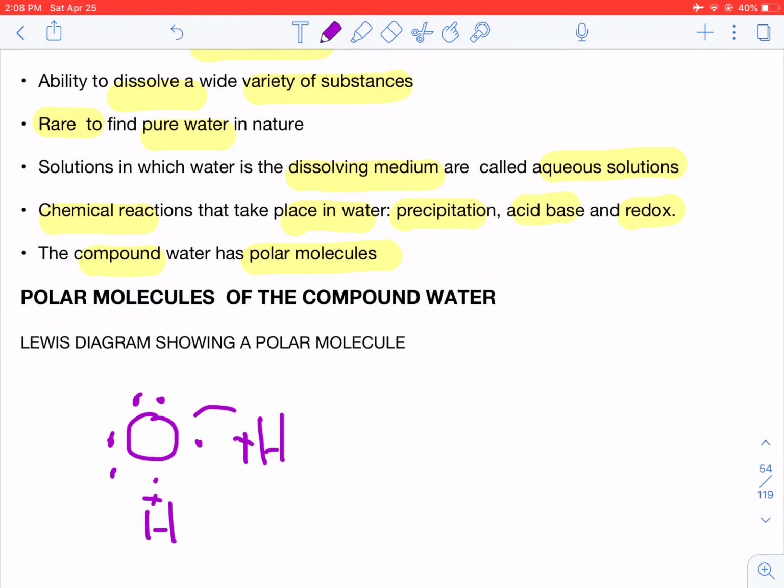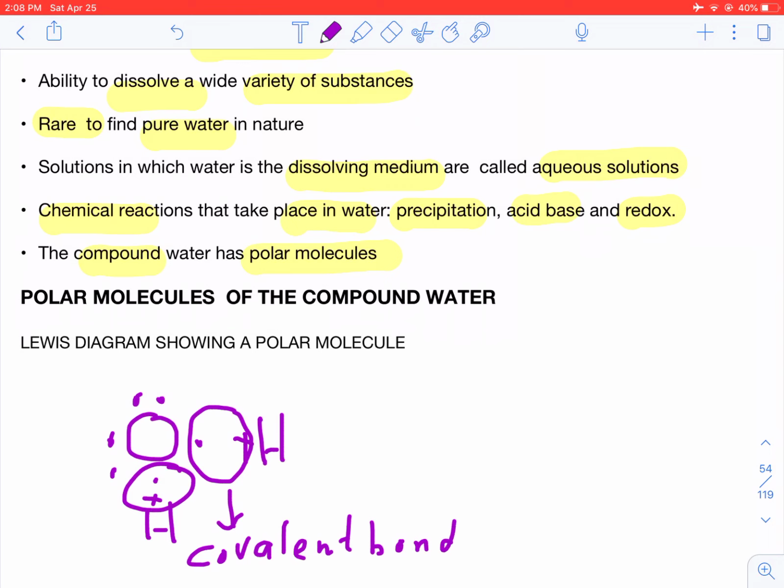Here they share a pair, and these bonds are covalent bonds.